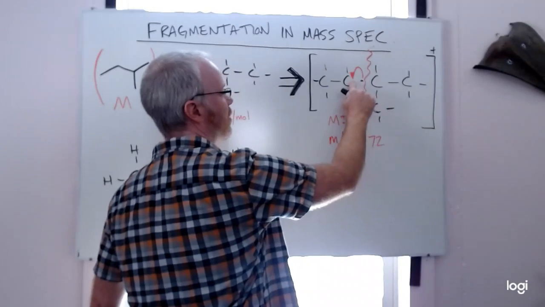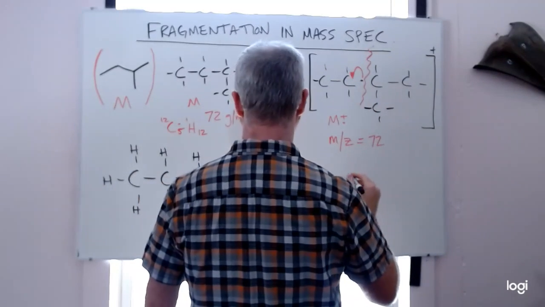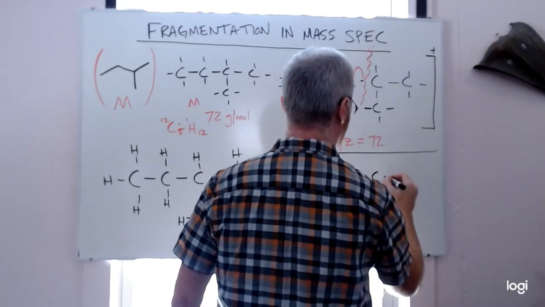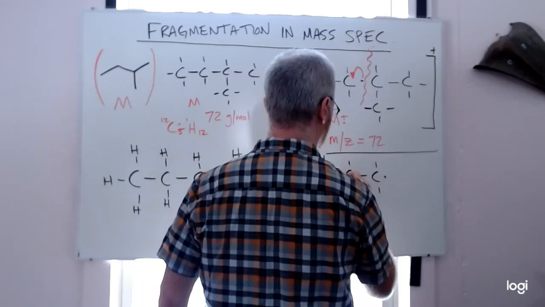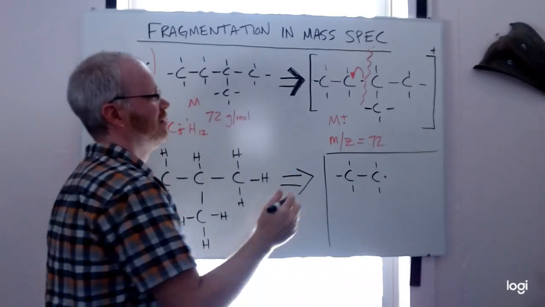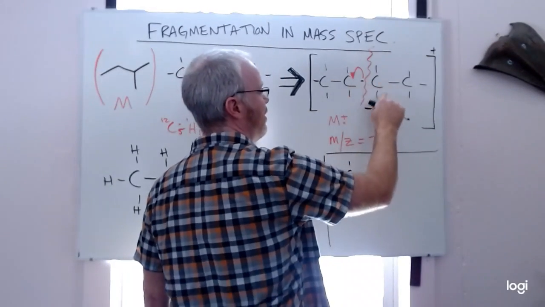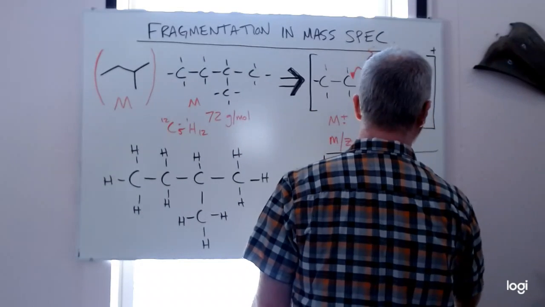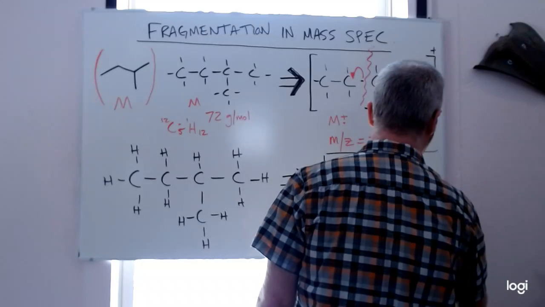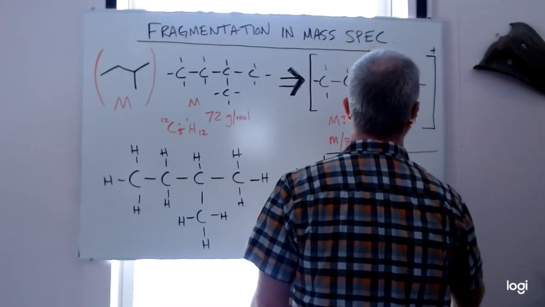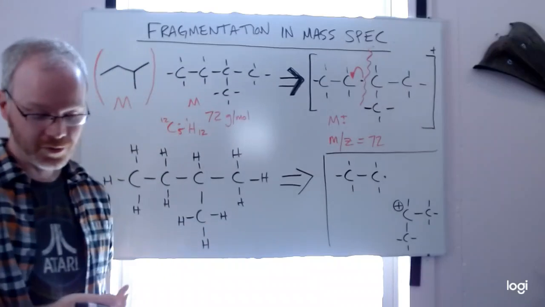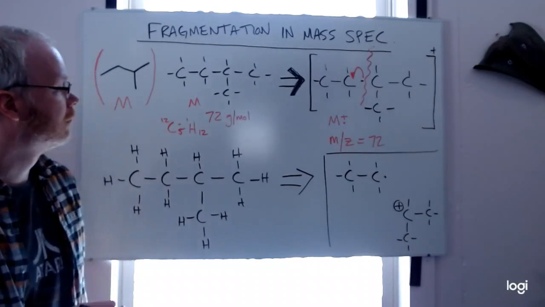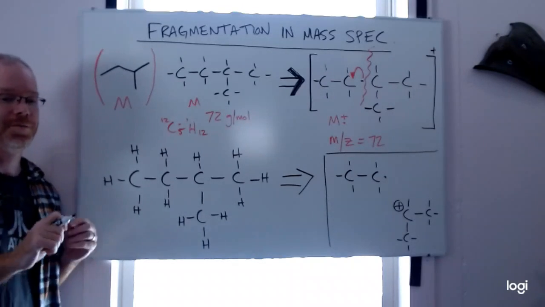The single electron went to this carbon, so we have a fragment that's going to be a radical, and then the rest, this lost an electron and gained nothing, so this other piece should have a positive charge and become a carbocation. Those are our 2 pieces to this molecule. So it's breaking apart.